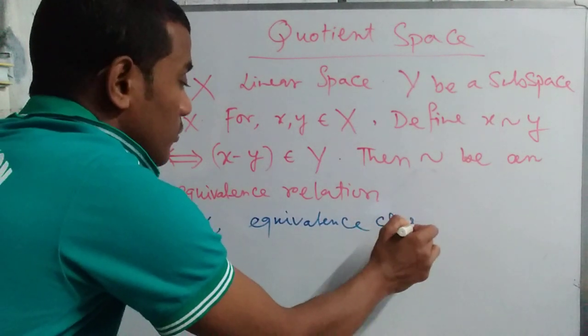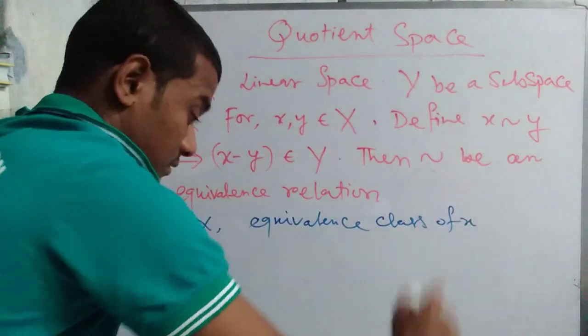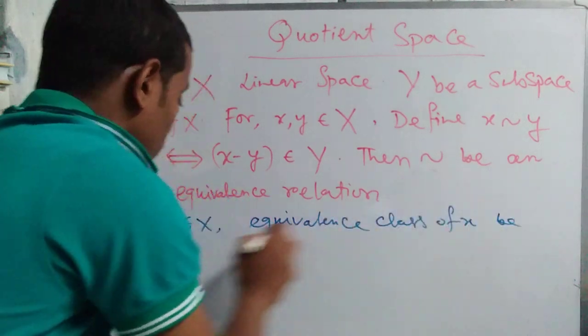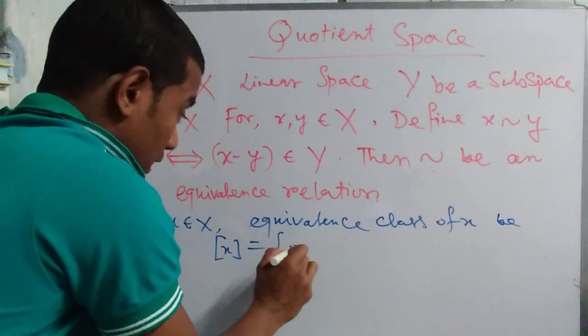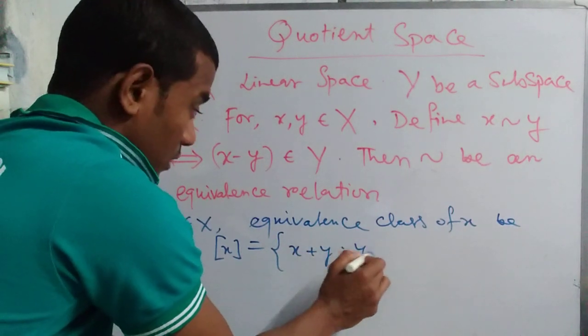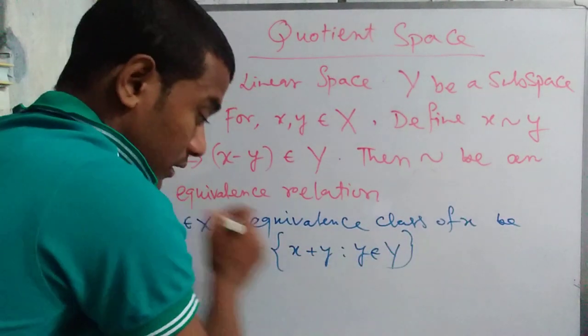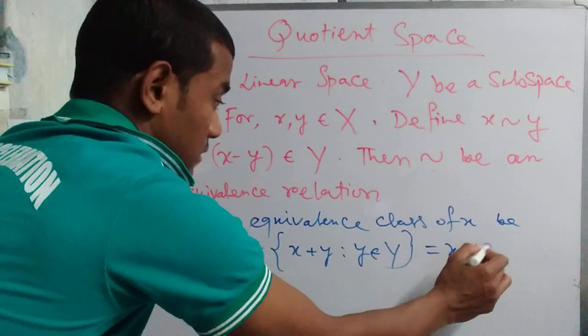We write the equivalence class of x as the set of x plus y such that y belongs to this capital Y, which equals x plus capital Y.